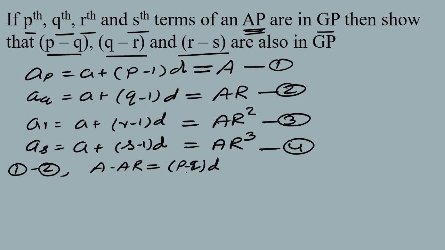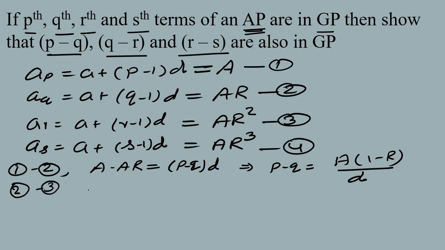P minus Q times D. And then from here you can get P minus Q is equal to A common, 1 minus R, over D. This is the value of P minus Q. Similarly, 2 minus 3, subtracting the third equation from the second equation, what will you get?